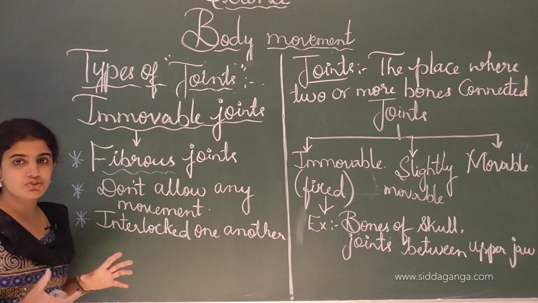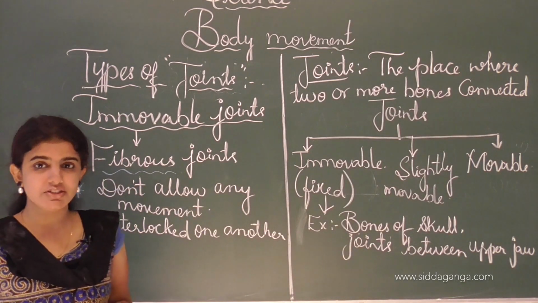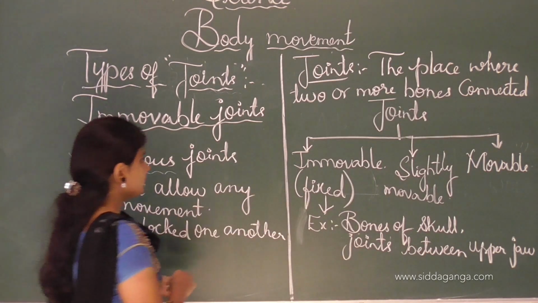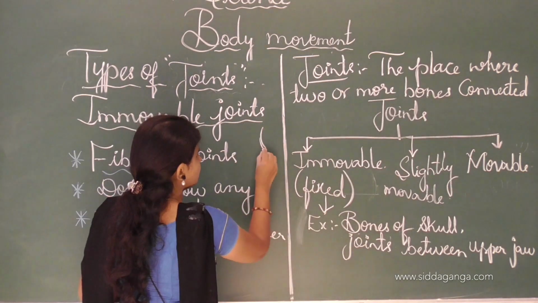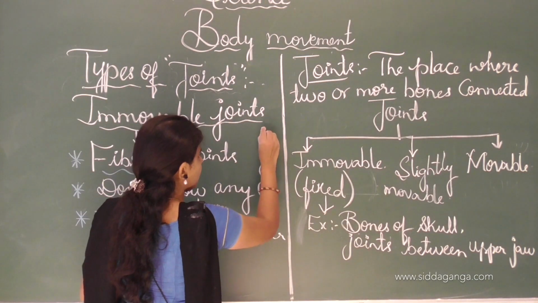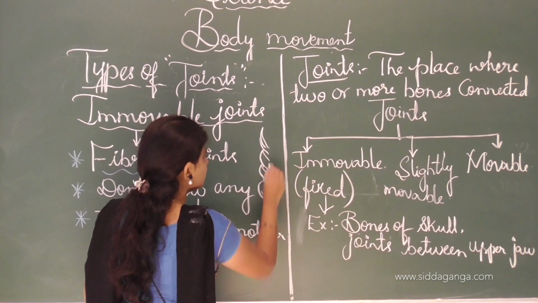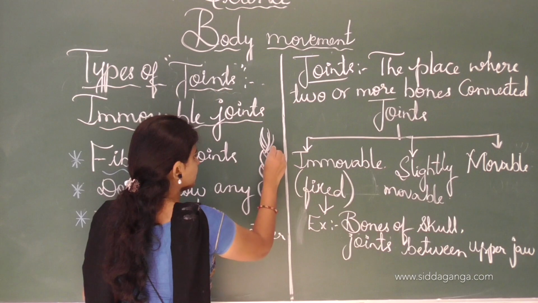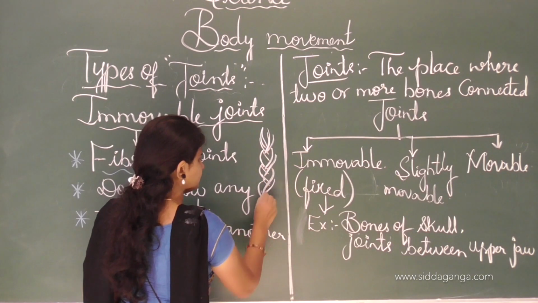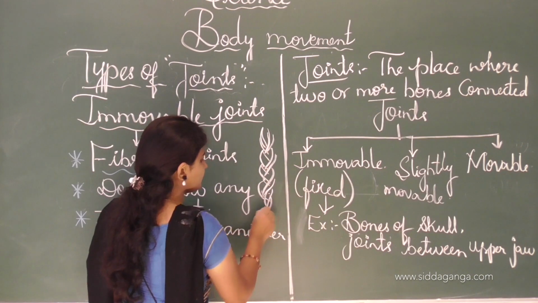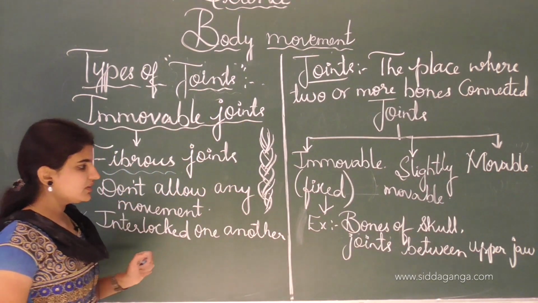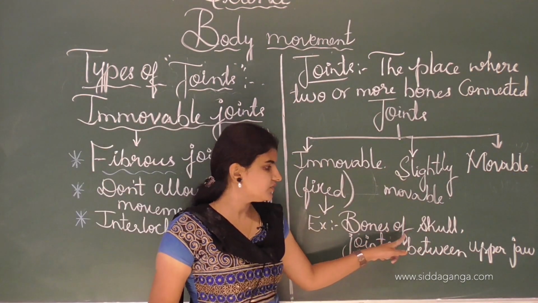Here these joints are interlocked with each other. For example, consider this is a bone, and here it is interlocked with another bone, and usually these joints are present in the bones of the skull.